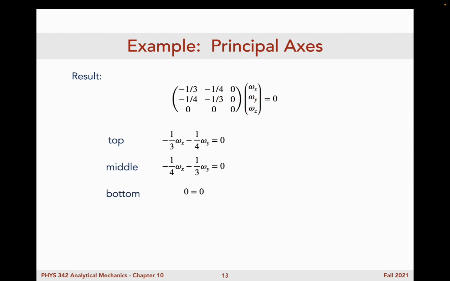And then the bottom one is just all zeros, so it doesn't really tell you anything. So we have two equations and two unknowns. When you solve this, if you took y and solved for y and plugged it into the other one, you would find that omega x must equal omega y must equal 0 for both of these equations to be true.